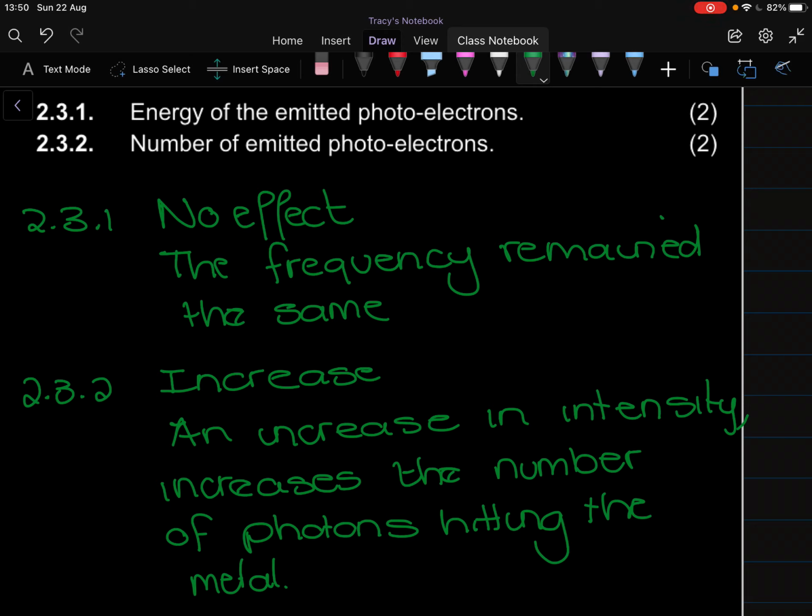Okay, so it increases the number of photons hitting the metal, and because it increases the number of photons, that means we'll have a bigger current, we'll have more electrons being emitted. There's more collisions. Okay, that's question 2.